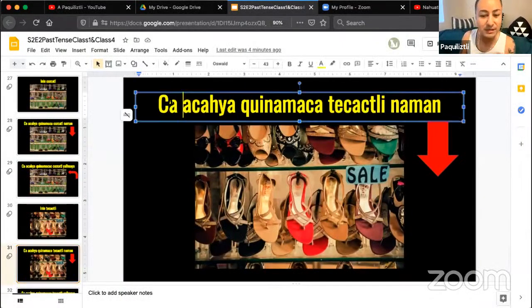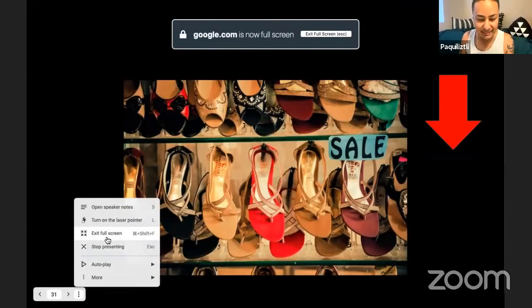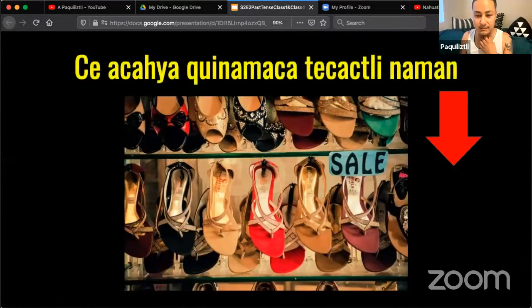Ooh, that's not good. I don't like these typos. Okay. Seakajia kinamaka tekakli naman. Okay. Naman shikpatla ikatlempanok.